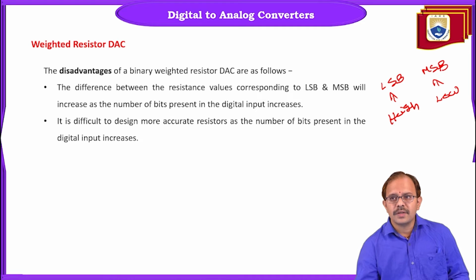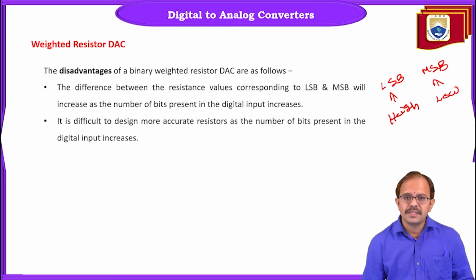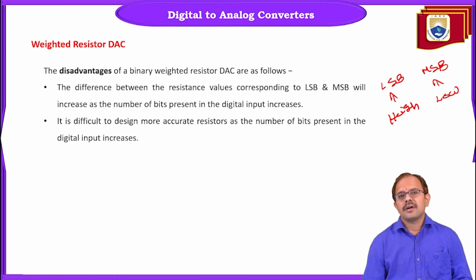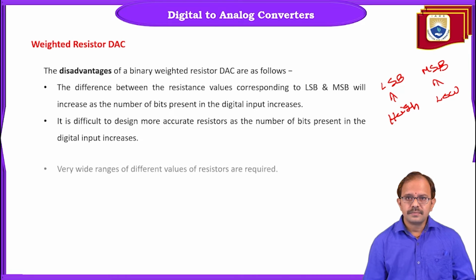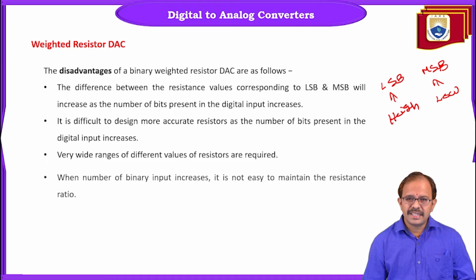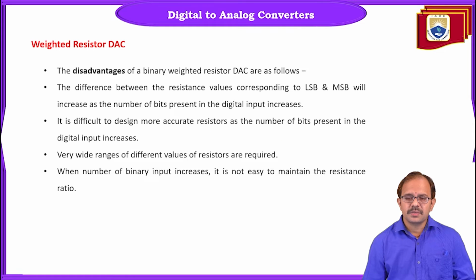The resistance value of the MSB is very small compared to any other resistor in the weighted resistor network, whereas the resistance value of the LSB is very huge. And it is very difficult to design such resistors with high precision and accuracy. So these are the major drawbacks we have seen.